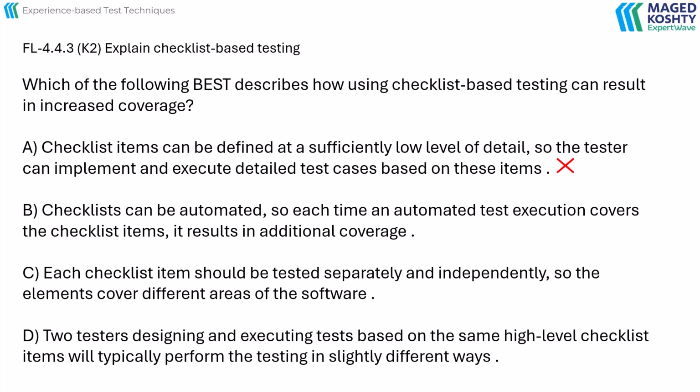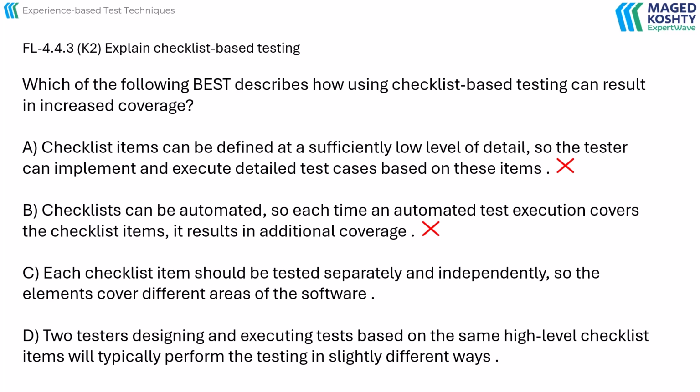B. Checklists can be automated, so each time an automated test execution covers the checklist items, it results in additional coverage. This is not correct. Using a checklist manually or automated will result in the same coverage. So automating the checklist will not increase the coverage.